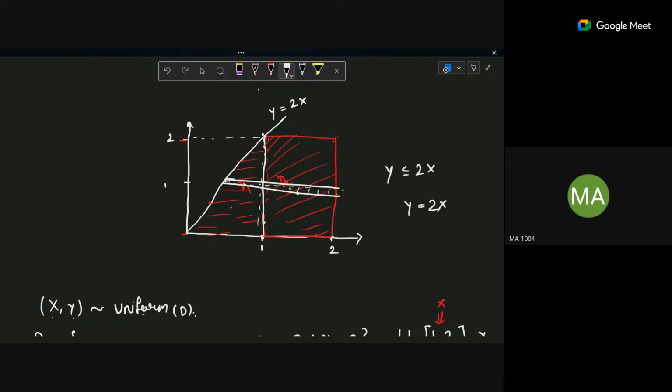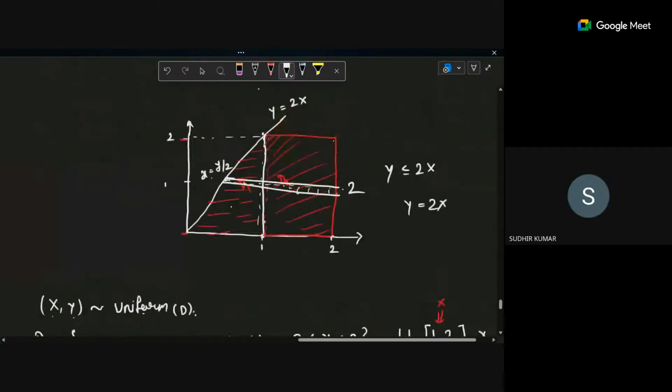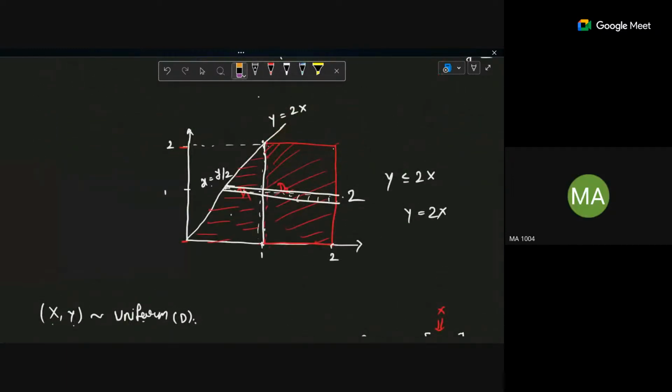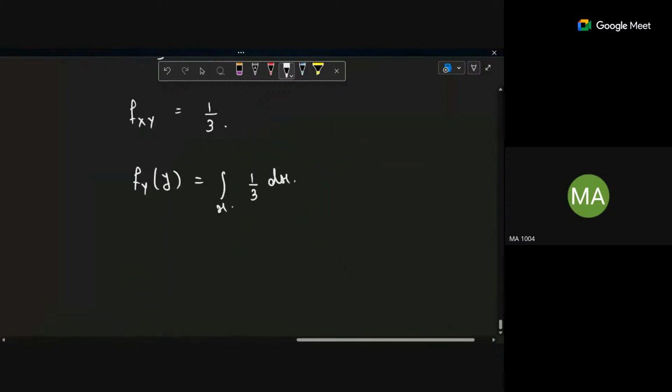So here y is equal to twice x. That means x is equal to y by 2. This is your lower limit, and the upper limit is 2. Are you getting it? So this is one example where your lower limit is in variable form. Someone was asking whether always the upper limit will be in variable form or not. This is an example where your lower limit is y by 2 and the upper limit is 2.